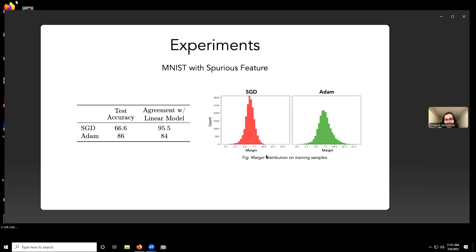On the right, we compare the margin distribution of the models trained with SGD or Adam on the train set. And we see that generally the model trained with Adam has higher margins, which also shows that Adam promotes richer feature learning.